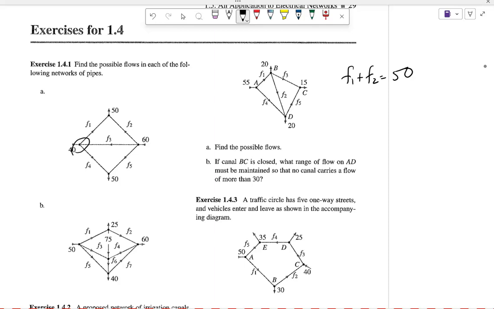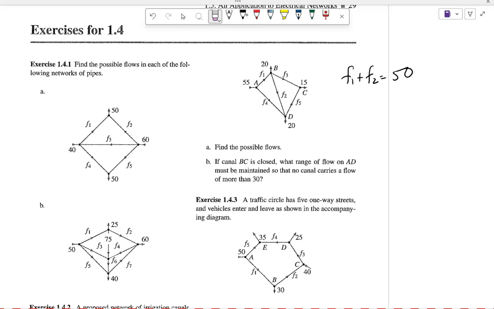Okay. Let's look at the middle left one. Let's look at this node right here. What goes into that node? 40. And F3, right?